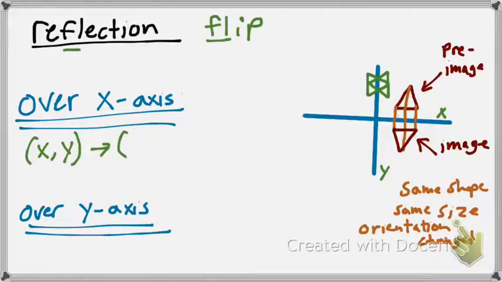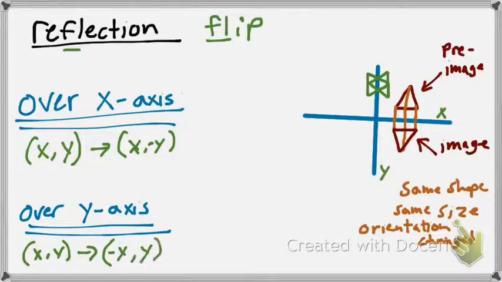So if it's the x-axis, we're going to flip the sign on the y. If we're flipping over the y-axis, we're going to flip the sign of the x coordinate. We always do the opposite. And that causes a lot of confusion for two reasons. First off, because you would think flipping over the x-axis means change the sign on the x. But it's opposite of that.